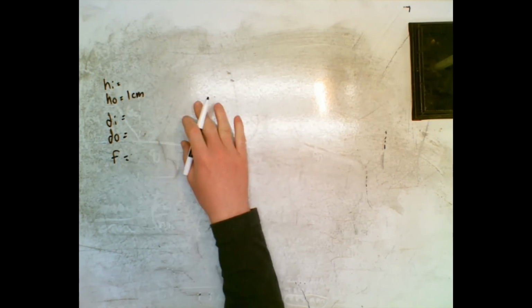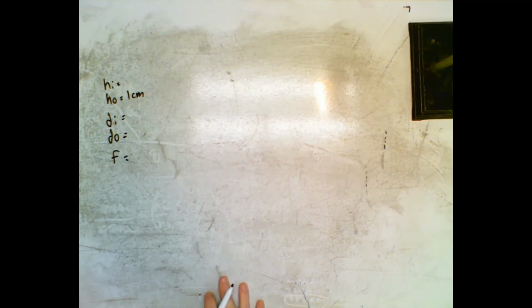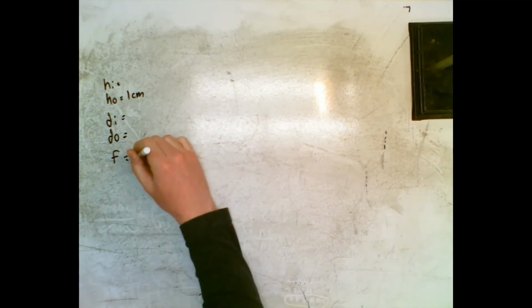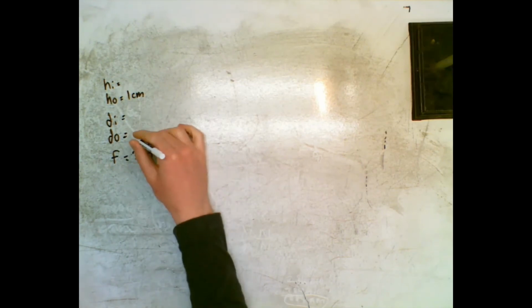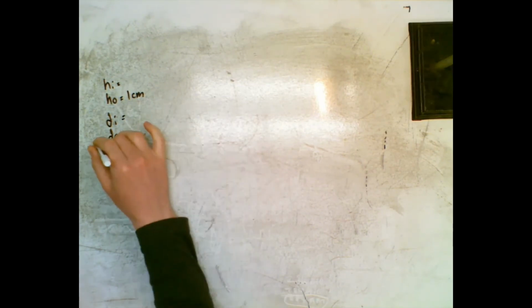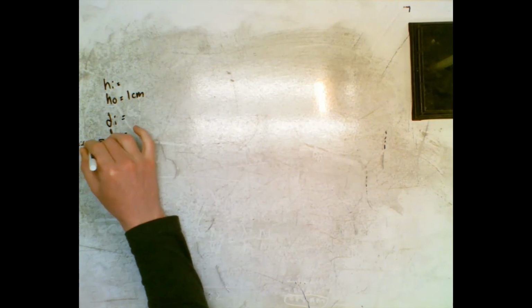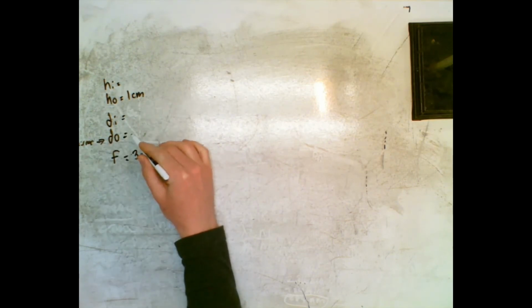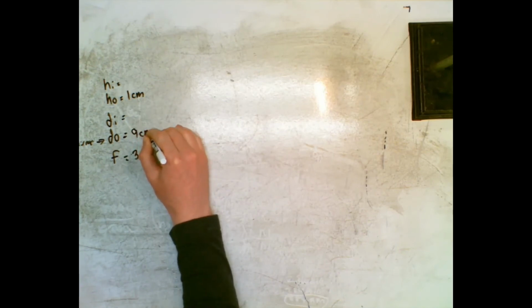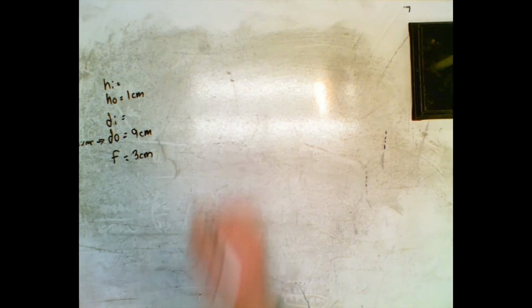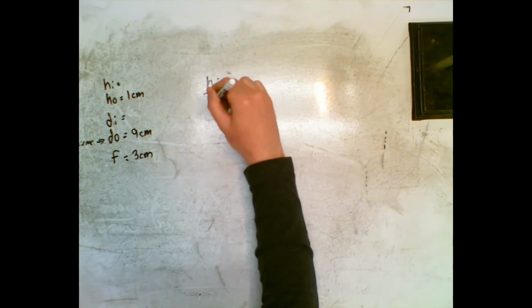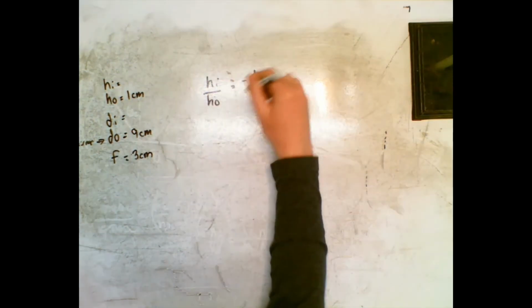Then our focal length here is 3 centimeters. And we also know the distance of the object, which is from the mirror. We placed it 3 centimeters past the center, so that means it was at 9 centimeters. Then we can use hi over ho equals negative di over do.